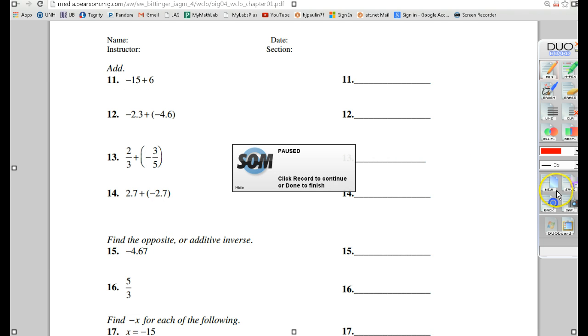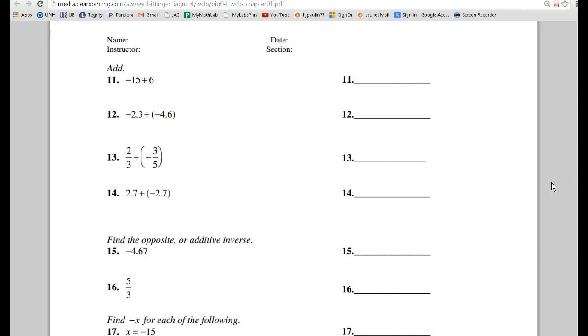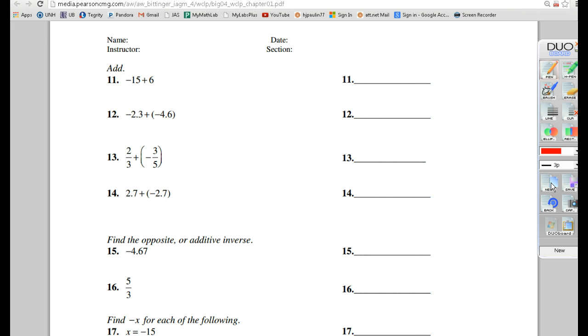Now, for these next few, we're going to do some addition of signed numbers. So the rule, you recall, was take the absolute values, subtract the smaller absolute value from the larger. That's going to give you a 9.